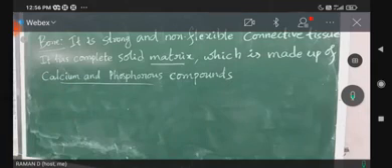In our body, we have a framework with which we have attained a specific shape and design. The framework of our body is made up of bone.